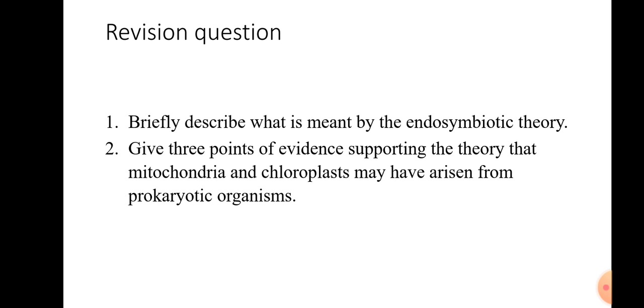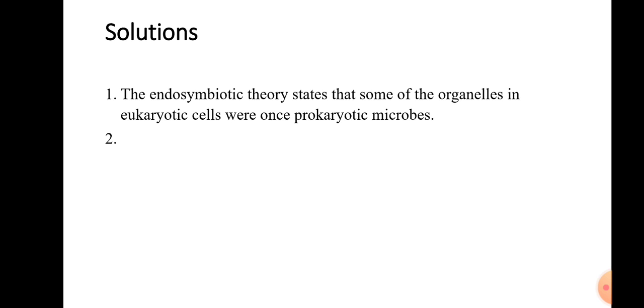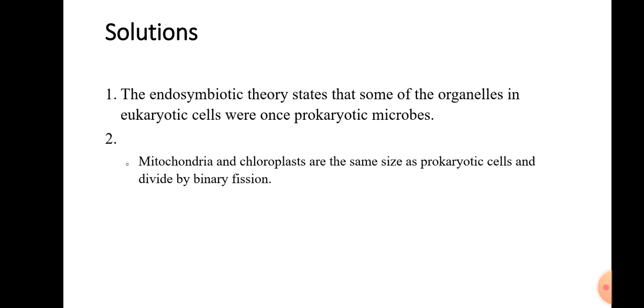Now let us look at the solutions to those questions. Solution number one: endosymbiotic theory states that some of the organelles in eukaryotic cells were once prokaryotic microbes. Solution number two, evidences. One: mitochondria and chloroplasts are the same size as prokaryotic cells and divide by binary fission.